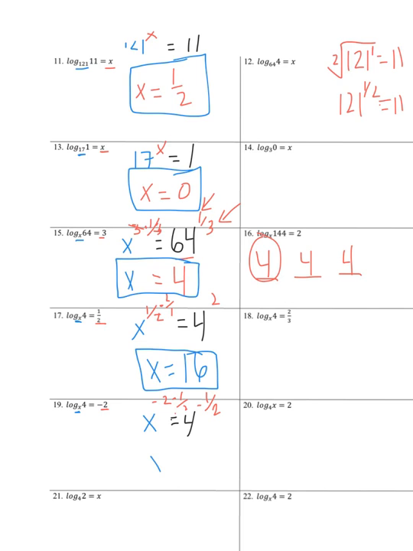So we're going to have our x equal to 4 to the exponent 1 over negative 2, which is the same thing as 1 over 4 to the 1/2, which is the same thing as 1 over 2. So x will be equal to 1/2.